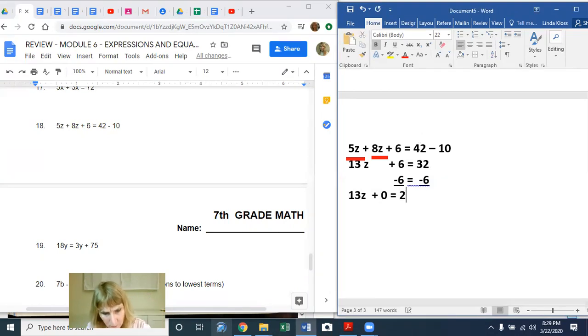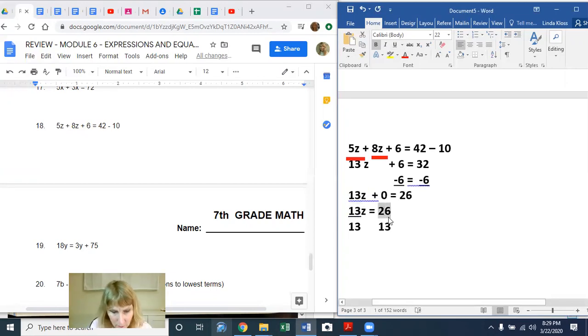Fingers work sometimes too. 26. Now I'm going to drop the 0 because I don't need to put the 0 there, equals 26. What is my step next? Exactly, division. What am I dividing by? Excellent, 13. I know you all said it out there, so I have great faith in you all.